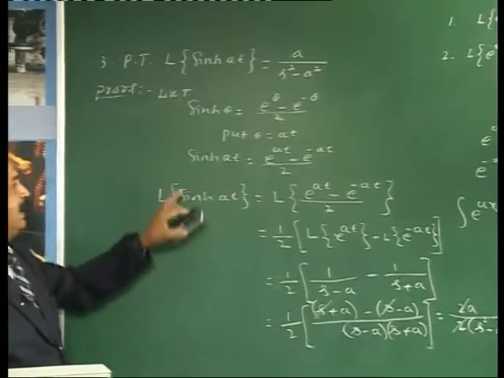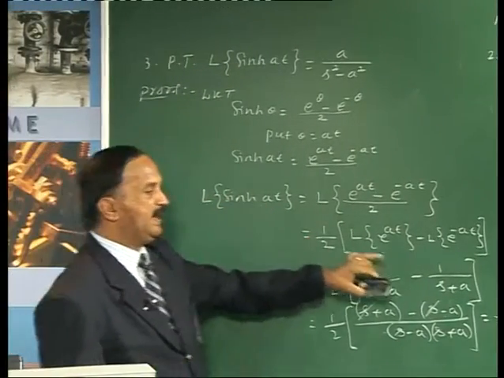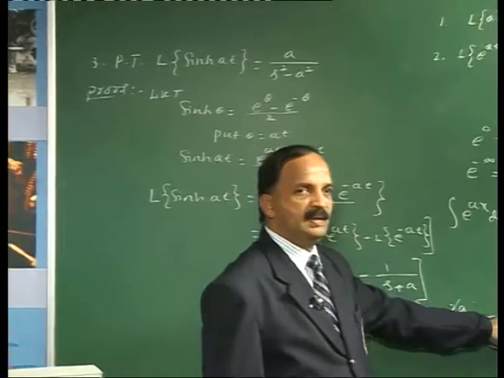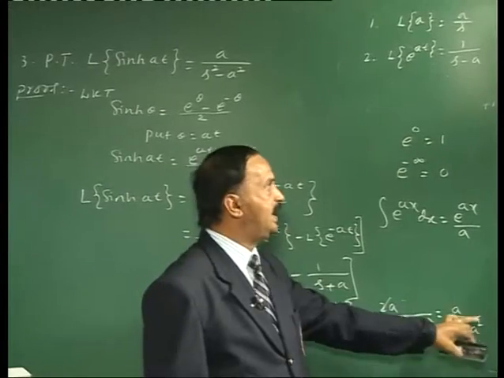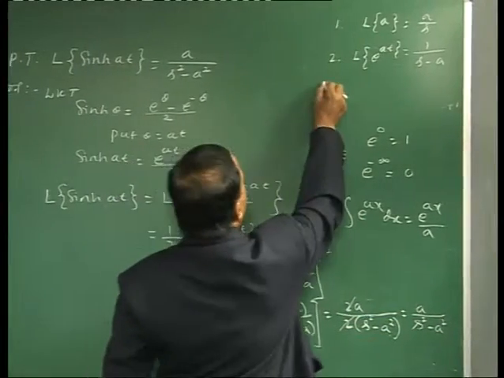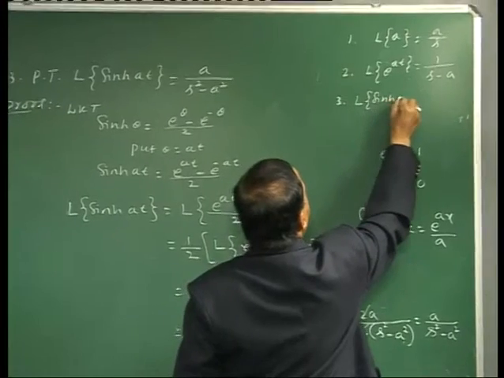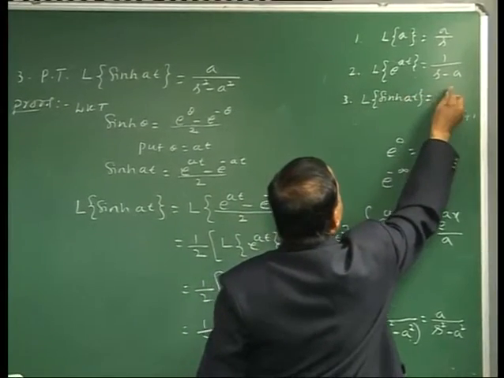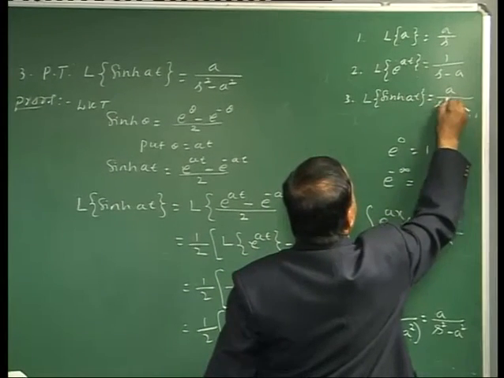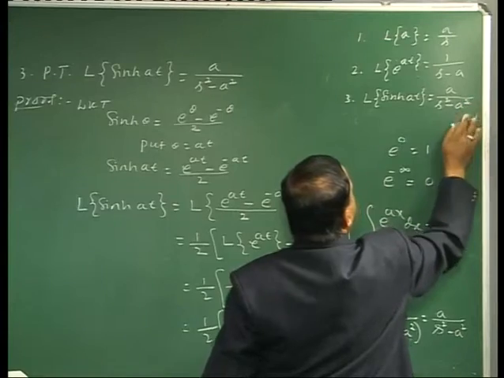So that means here L of sin hyperbolic at is equal to a by s square minus a square. That is number 3. So L of sin hyperbolic at is equal to a by s square minus a square.